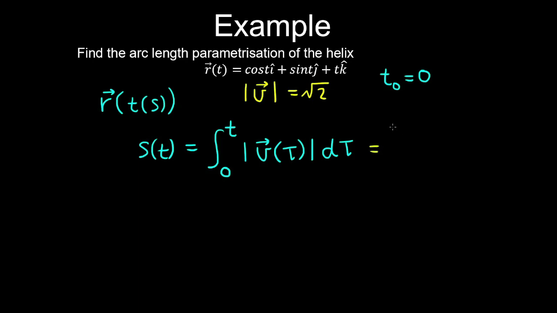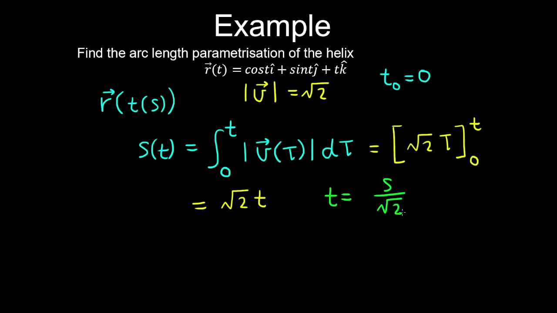So this integral evaluates to root 2 tau, evaluated at t equals 0 and t. What we get is the arc length function is equal to root 2 t. Therefore t is equal to s on root 2. Then we substitute for t into the position vector function.